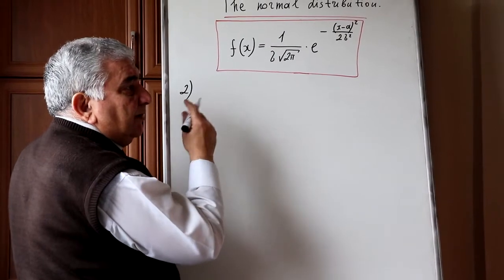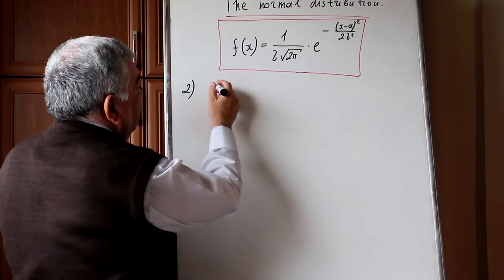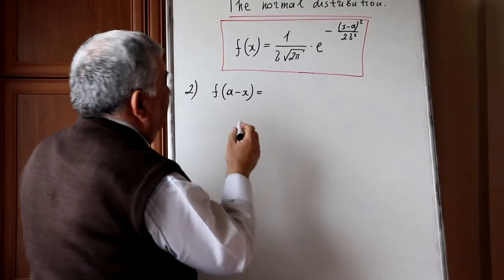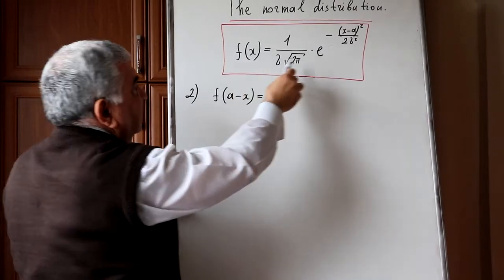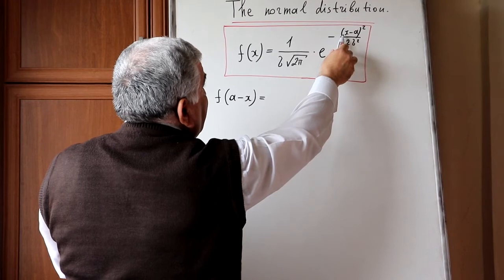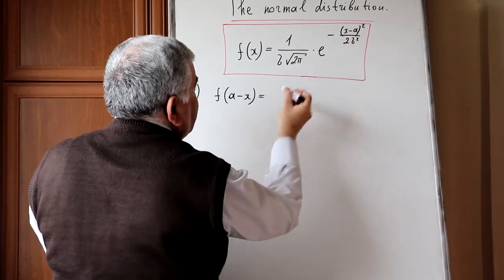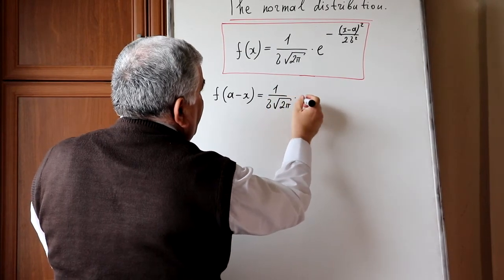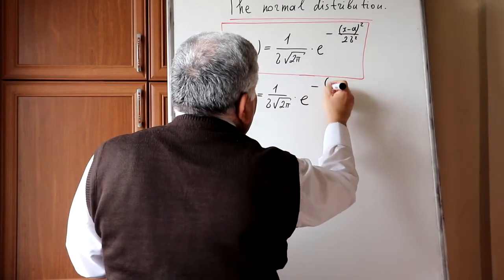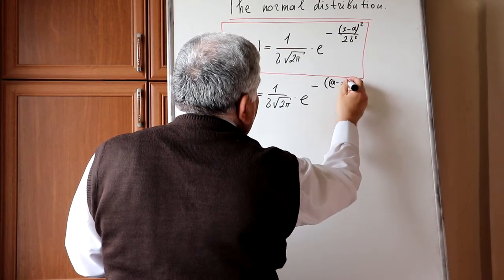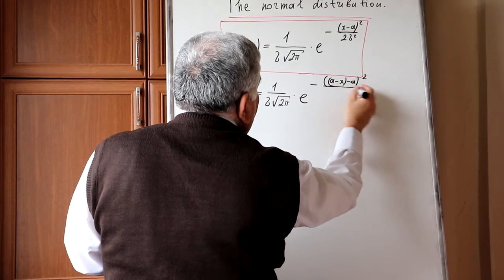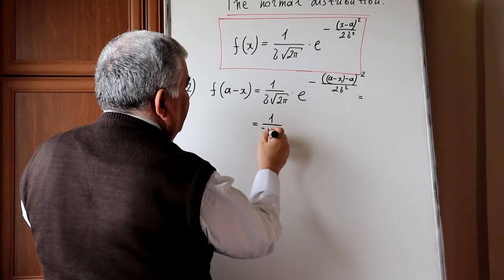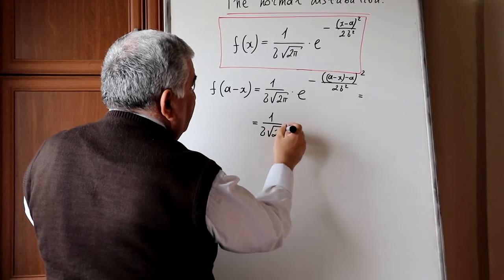First, obtain an expression for f of a minus x. Substitute a minus x instead of x in this expression: 1 over sigma multiplied by square root of 2 pi multiplied by e raised to minus a minus x minus a squared over 2 sigma squared equals 1 over sigma multiplied by square root of 2 pi multiplied by e.